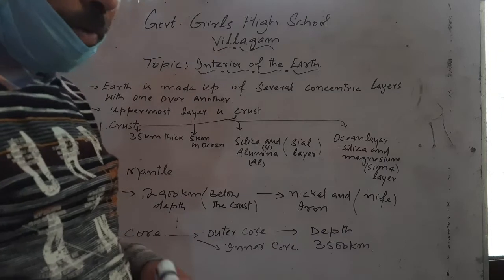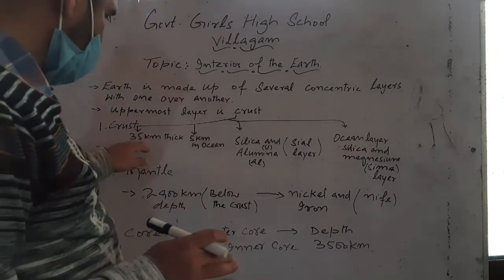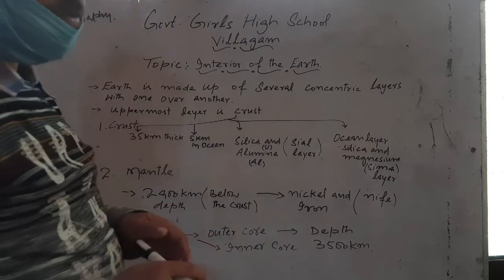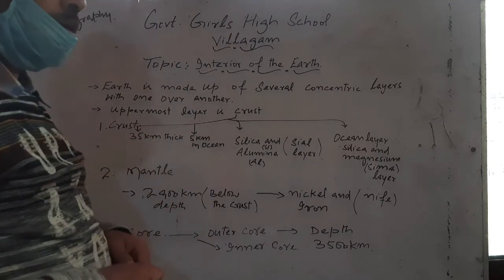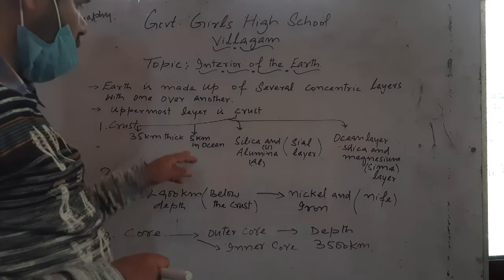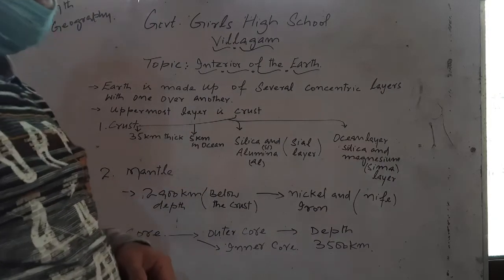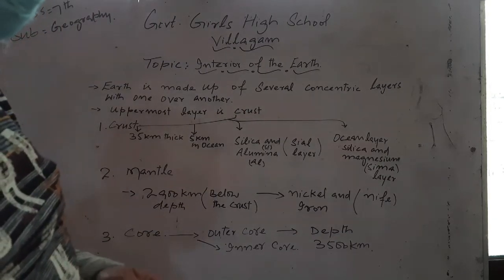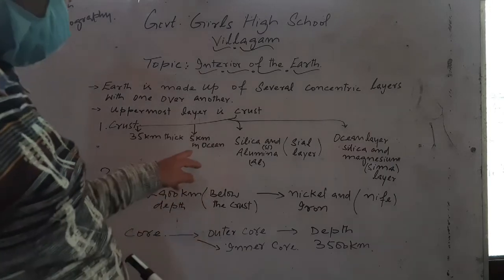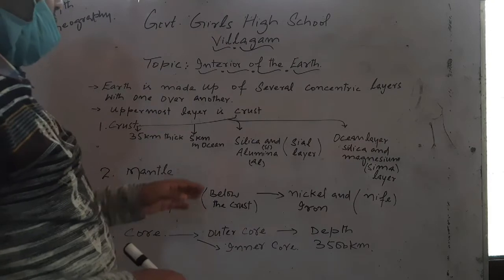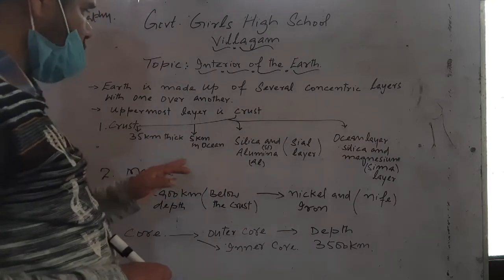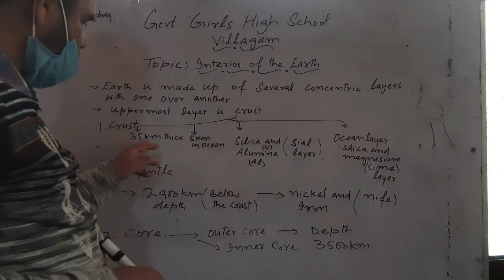Up to 35 kilometers it is crust, and it is only 5 kilometers in the oceans. When we go in the oceans, the crust is only 5 kilometers in depth. This crust constitutes up to the 35 kilometers.